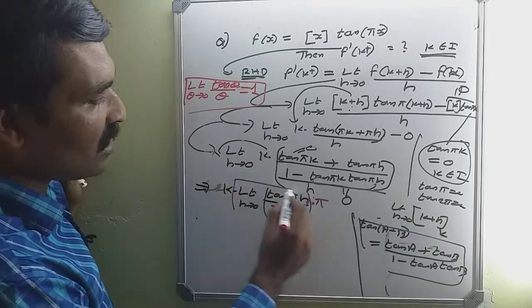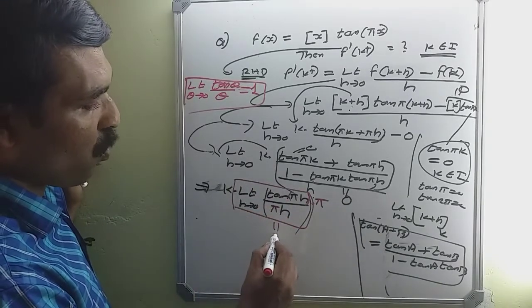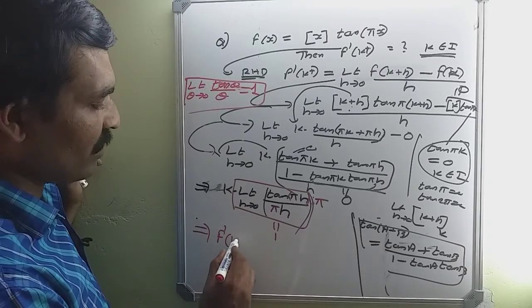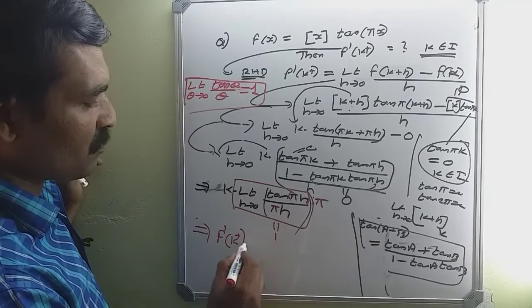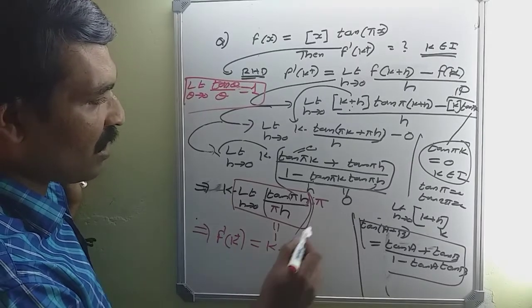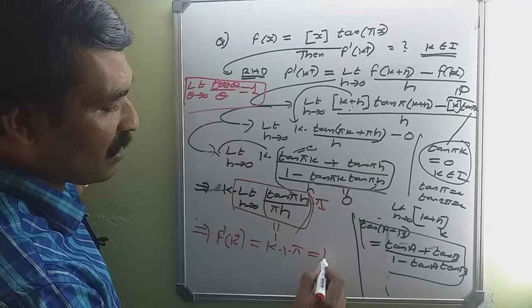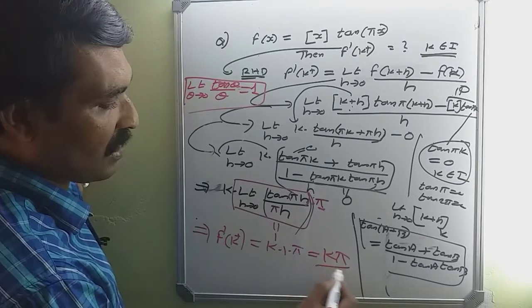So the value of this limit is equal to 1. This implies the right hand derivative f dash k plus is equal to k into 1 into pi, that is equal to k pi or pi k.